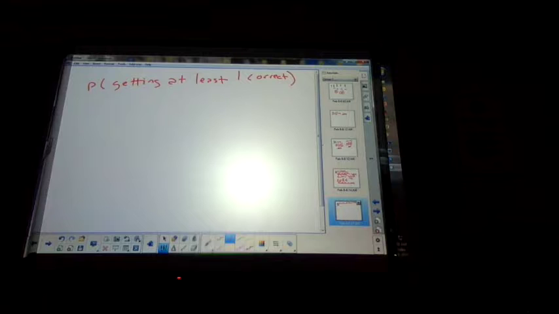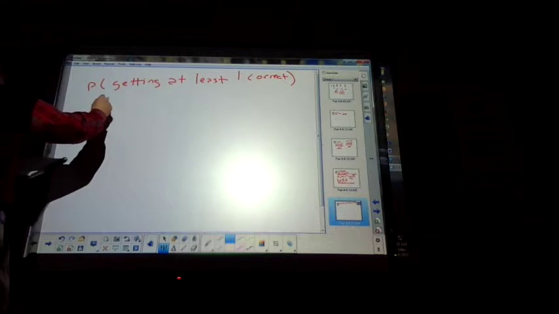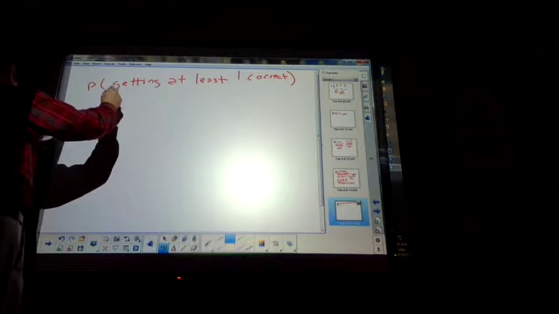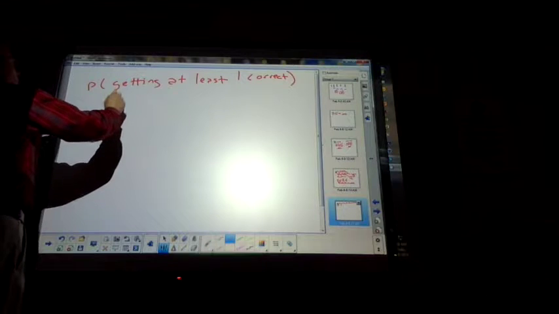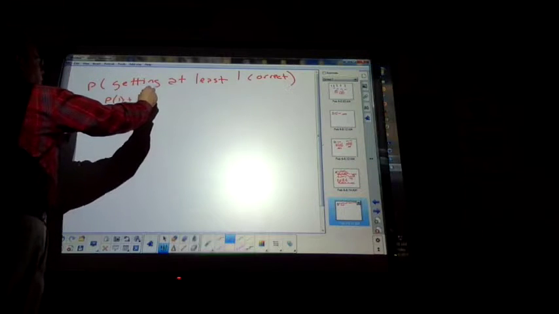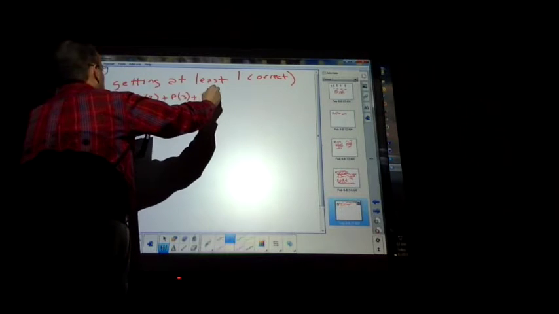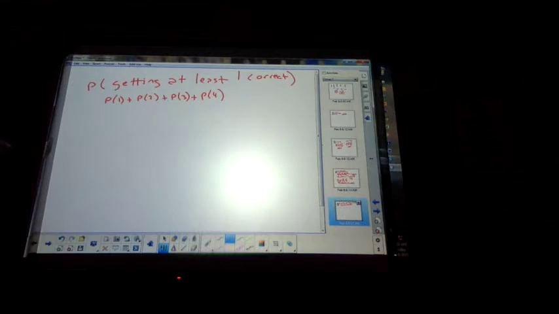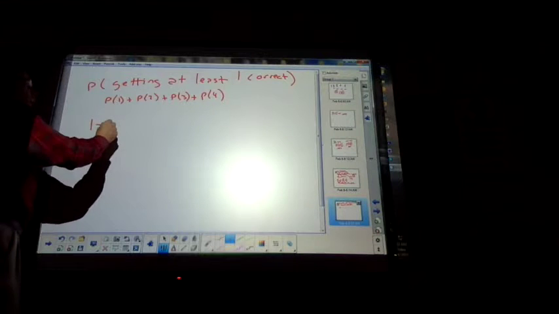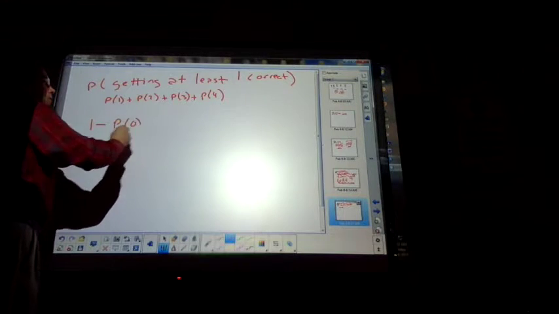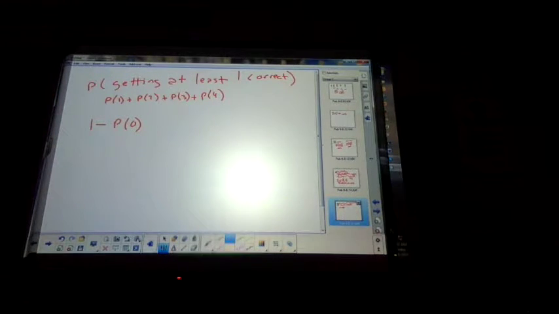So I could go this way if I wanted to. I could go the probability of 1 plus the probability of 2 plus the probability of 3 plus the probability of 4. I could do that. Or what I could do is realize if I go 1 minus the probability of getting 0 of them right, it's going to give me the same answer.